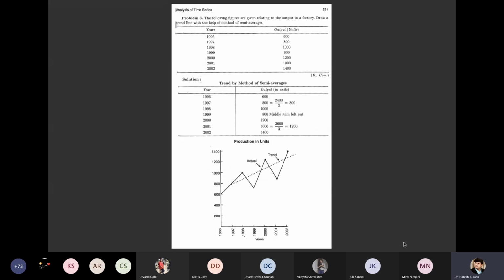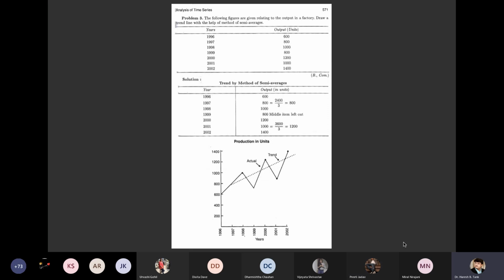Fine enough. Now make a bunch of the last 3. Last 3 are 2000, 2001 and 2002. And the respective quantities are 1200, 1000 and 1400. While making the sum of these 3, what is the total? 3600. 3600 is the total.